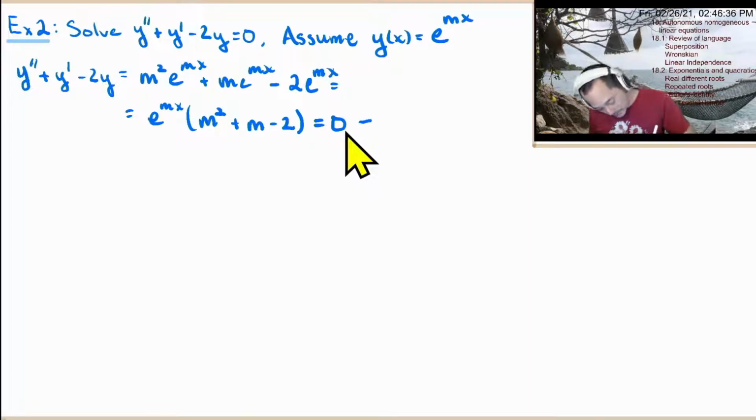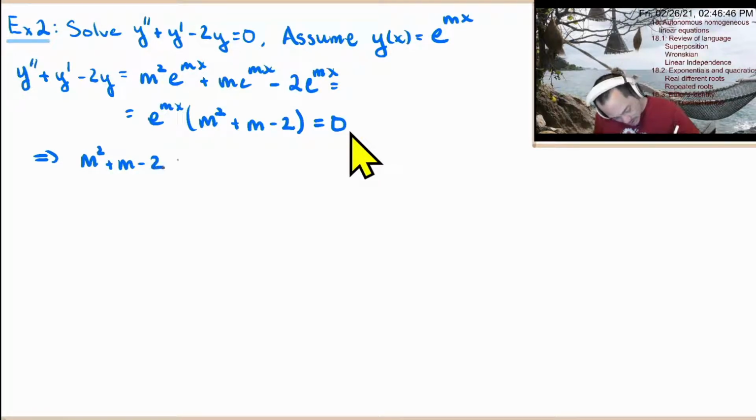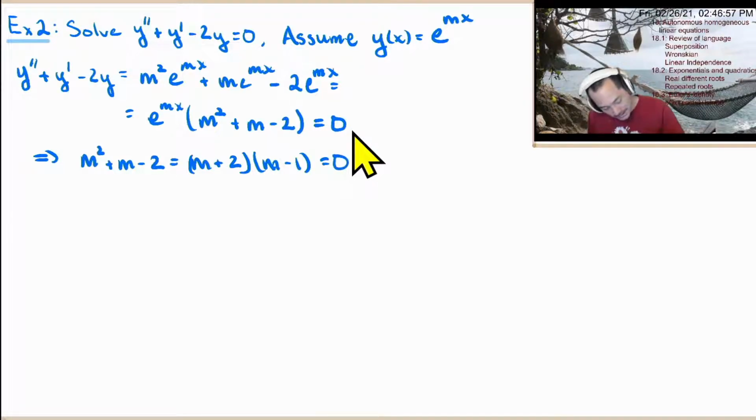There's 0 on the right, so I get the equation m squared plus m minus 2 equals 0. But what is that? Isn't that like m plus 2 times m minus 1 set equal to 0? So my m's are equal to negative 2 and 1.